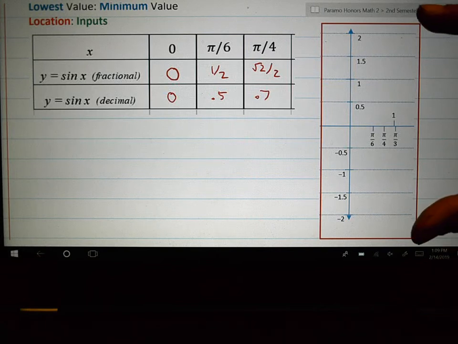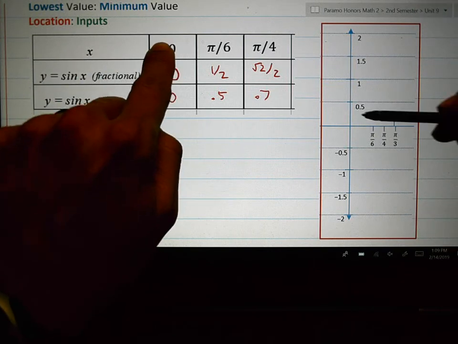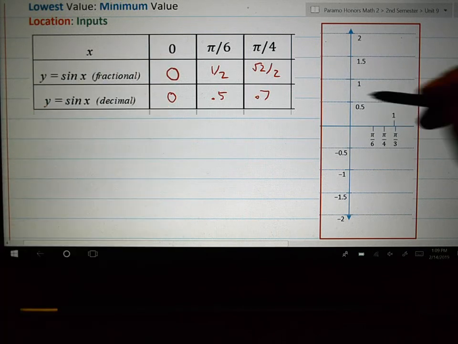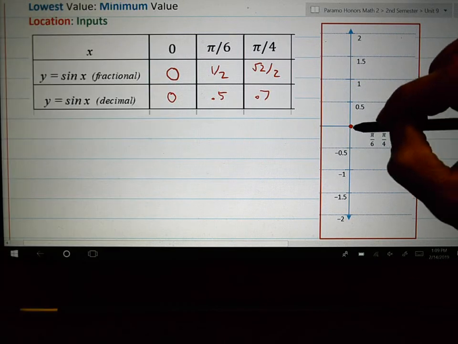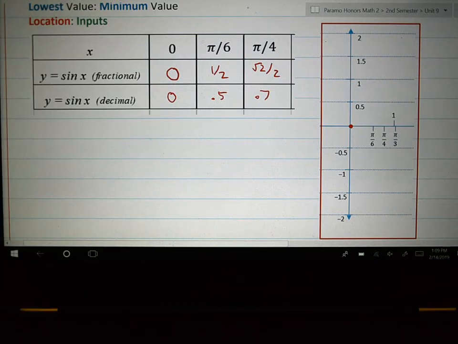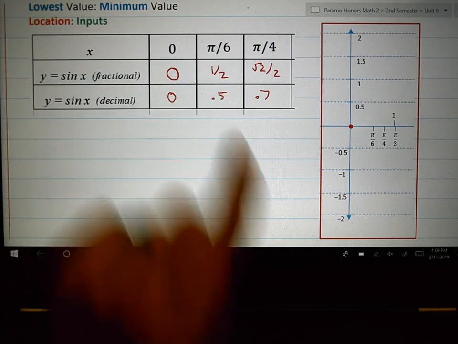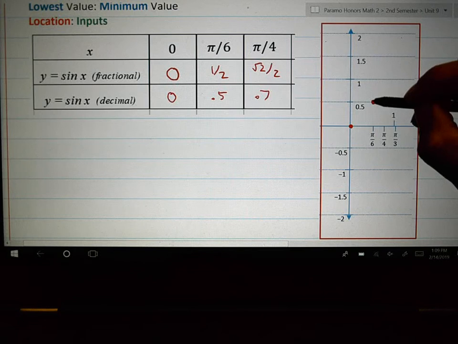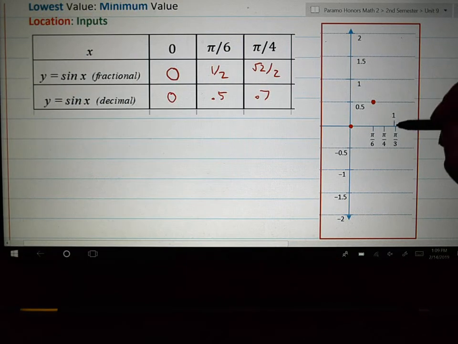Then there's going to be graph paper where, if this is your x and this is the output, you put a point over here. So for my first coordinate, 0, 0, you put a dot right there. At pi over 6, you should have a y coordinate of 1/2, so you go up to 1/2 and put a dot. At pi over 4, it's supposed to be about 0.7.